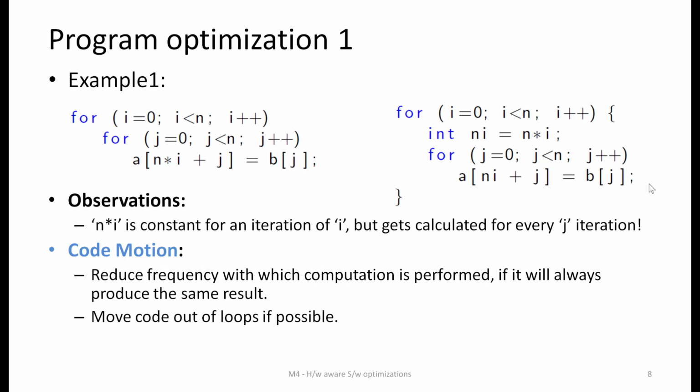Typically, loops are the code blocks where a lot of time is spent, so it's better to look for such optimizations in the loops. Here, just because we moved a multiplication out of the j loop, we have reduced the number of overall multiplication instructions by almost n square, oh sorry, it's n times.